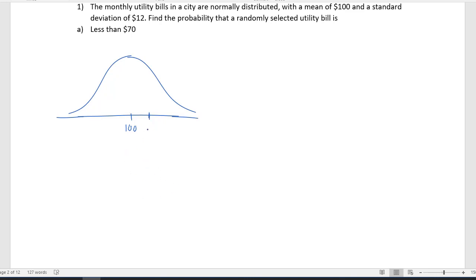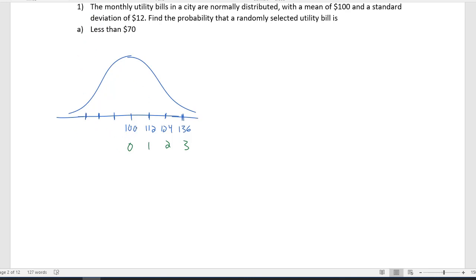So here's a z of 1, I'll add 12. Here's a z of 2, and then a z of 3. Here's the z of 0, then 1, 2, 3. Those are whole standard deviations away. And then negative 1, negative 2, negative 3 on my z-axis.